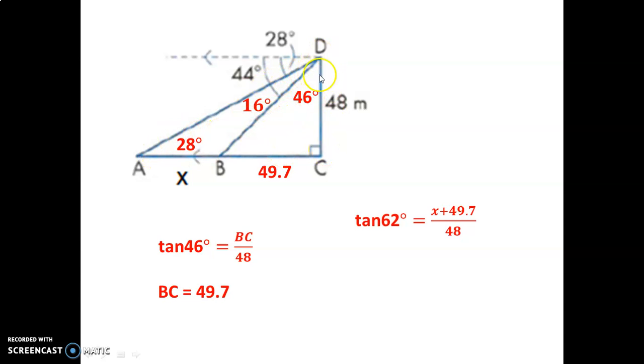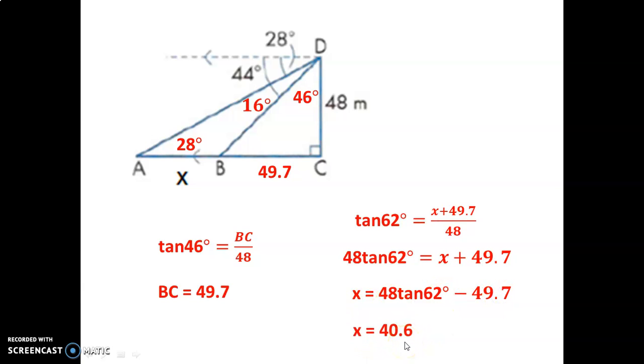Tangent of 62 is the opposite side, the entire length, which is x plus 49.7, over adjacent 48. Solving that for x, we can multiply by 48 first, then subtract 49.7, and we have x equals that. Calculate that, 40.6.